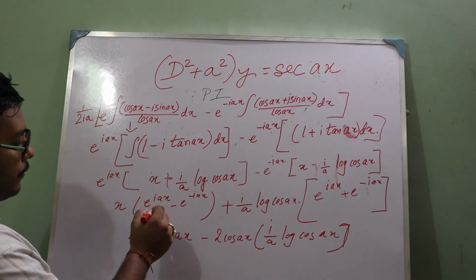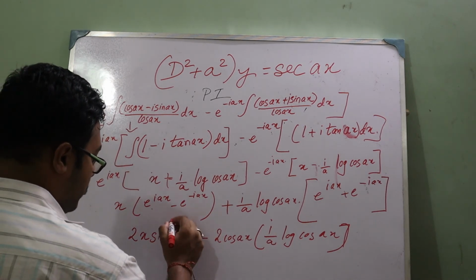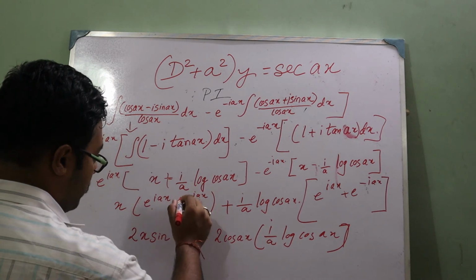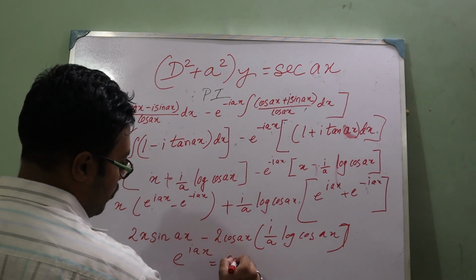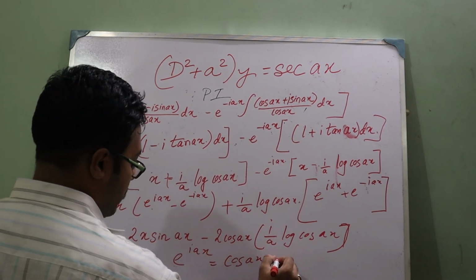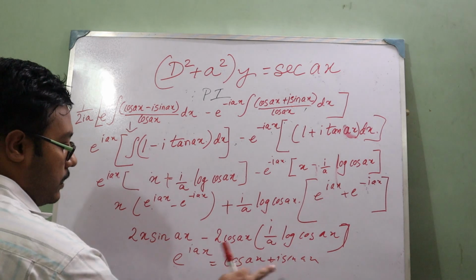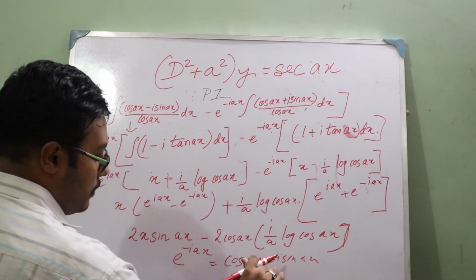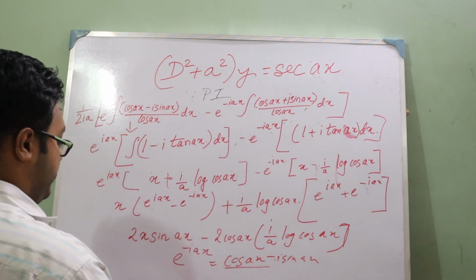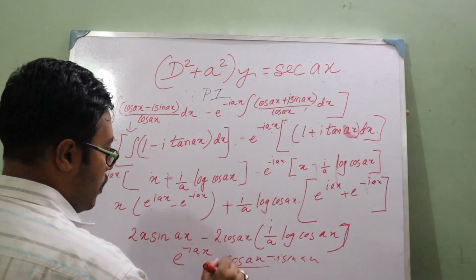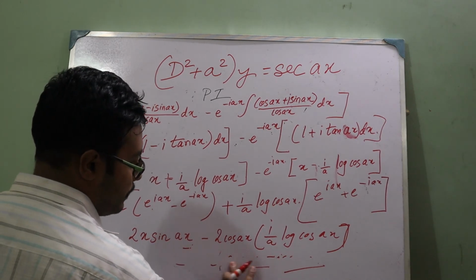Because, as I have shown you before, e to the power iax is equal to cos of ax plus i sin of ax, right? And if we add for this minus, this sign will become minus. So if we add these two, we will get 2 cos of ax. And if we subtract these two, we will get 2i sin of ax. So this is the only thing which you need to know.